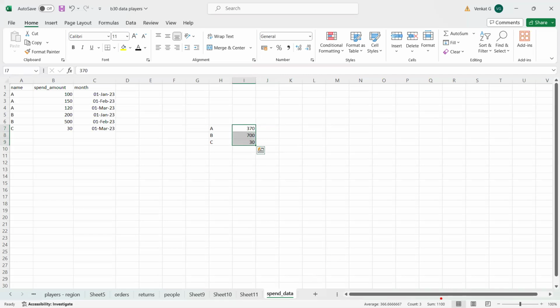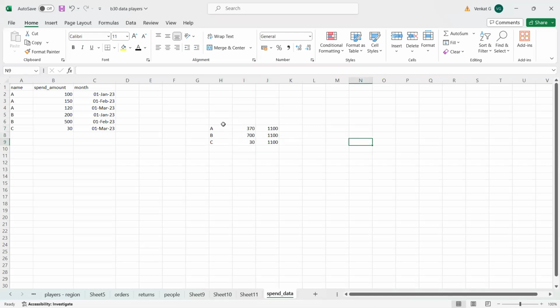Okay, total amount is 1100. So I am using this 1100 across each and every person here. 1100, 1100, and 1100.